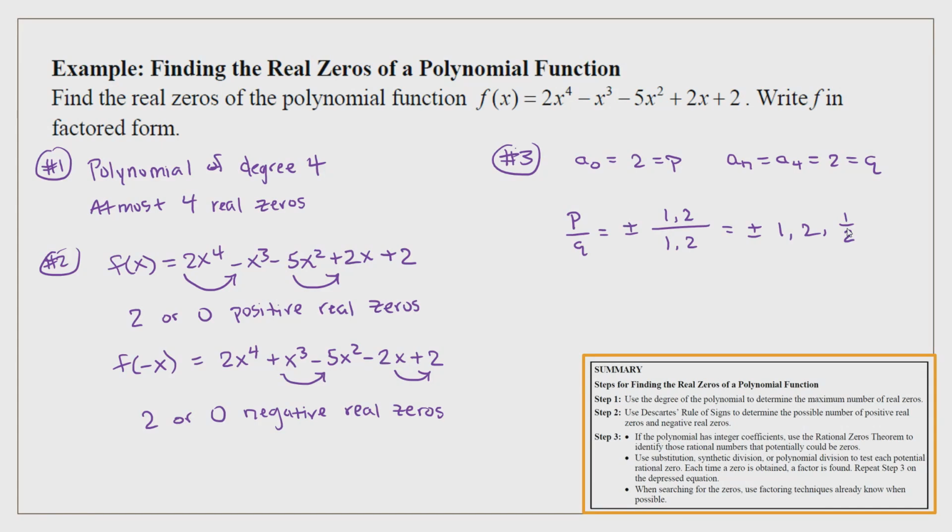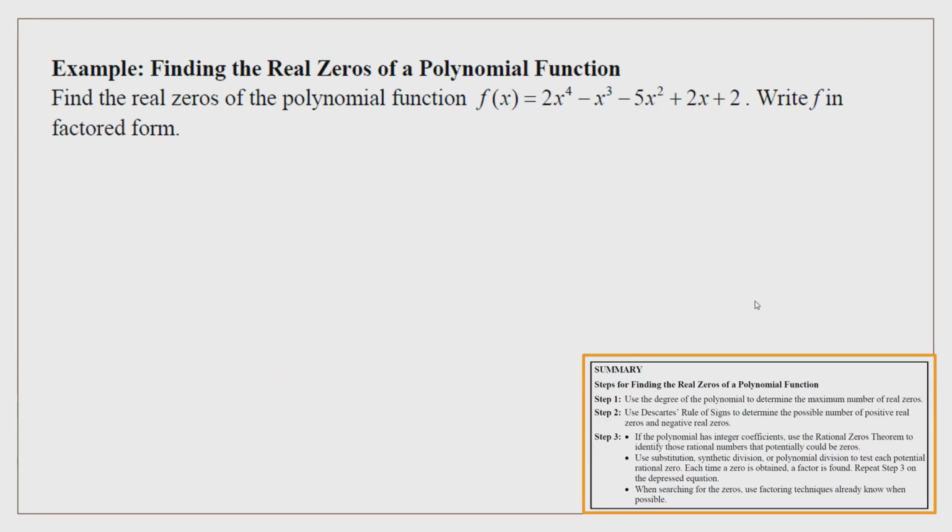Okay. So now we need to test. All right. And I'm going to start off with 1. So we are going to set up our synthetic division. 1. I'm then going to list out all of the coefficients in descending order.